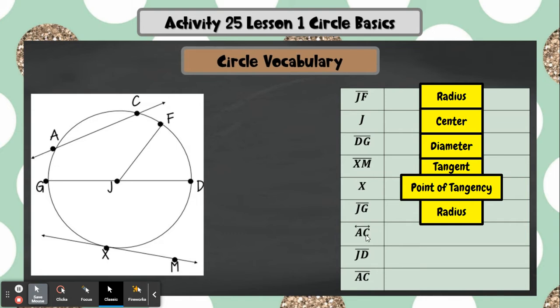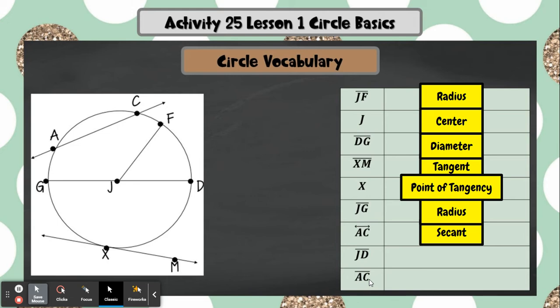Now, there's a big difference between this AC with the arrows on it and this AC that's just a line segment. Since this goes all the way through and never ends, we're going to call this one a secant. So that's the difference between the two. They look the same, but this one goes on forever.